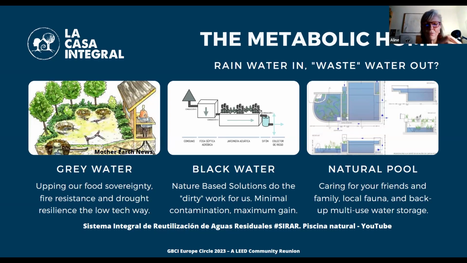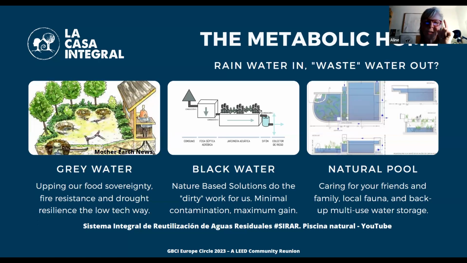We can use grey water, black water, and even if we want to have swimming pools, we live in an area, I'm not so sure about the Finnish context, but we live in an area where there are a lot of swimming pools, even though we are only a couple of kilometers away from the Mediterranean Sea.